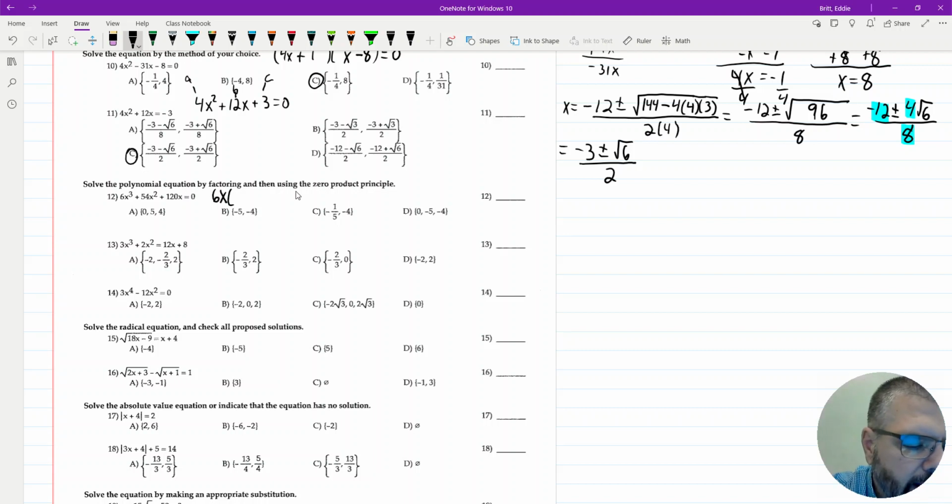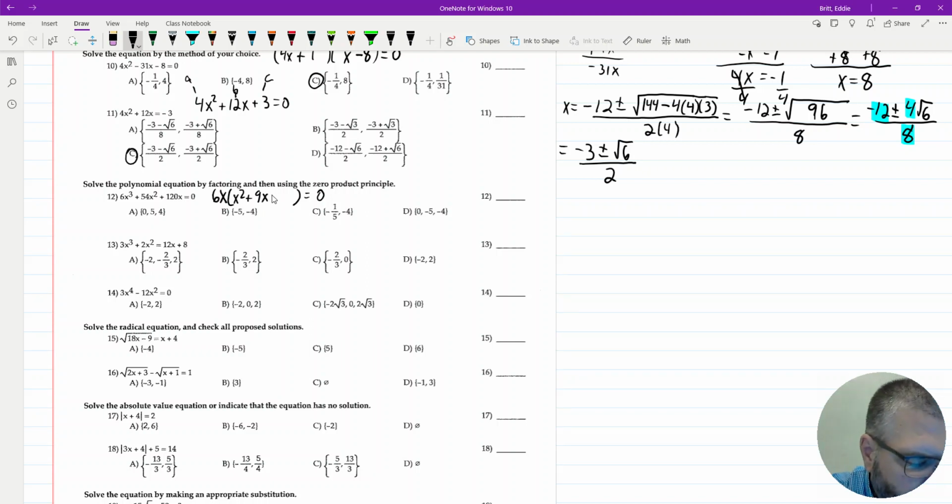So when I do that, I'm still going to set 6x equal to 0. But whatever I get in here, this trinomial will probably be a little bit easier to work with. So you say 6x cubed divided by 6x, you get x squared. You say 54x squared divided by 6x, you'll get plus, what, 9x.